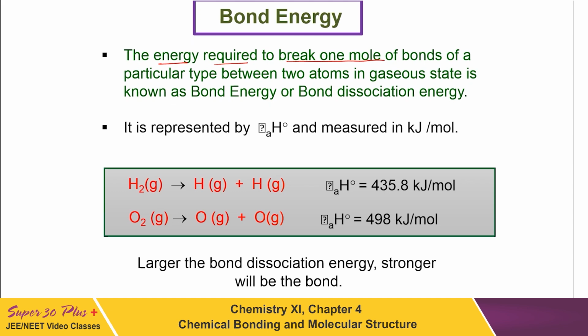So if you are breaking a bond, it should more precisely be called bond dissociation energy. This is the bond dissociation energy of hydrogen, and this is the value of bond dissociation energy for oxygen. The larger the bond dissociation energy, the more difficult it is to break the bond, so the stronger the bond will be.